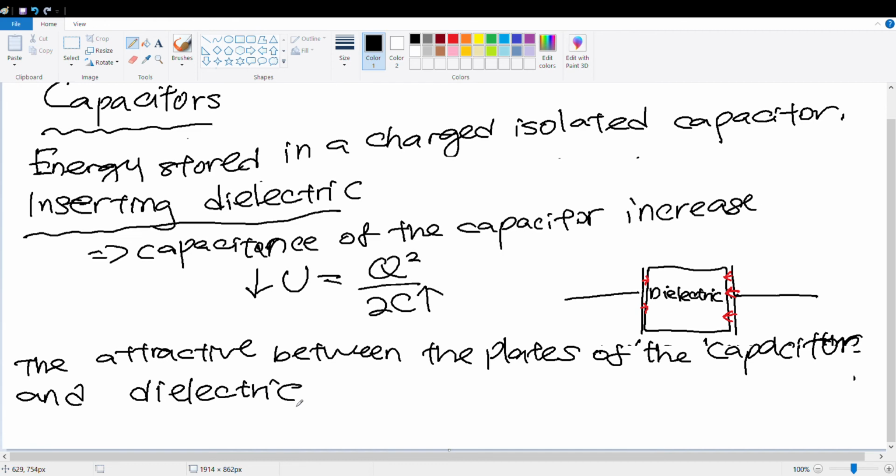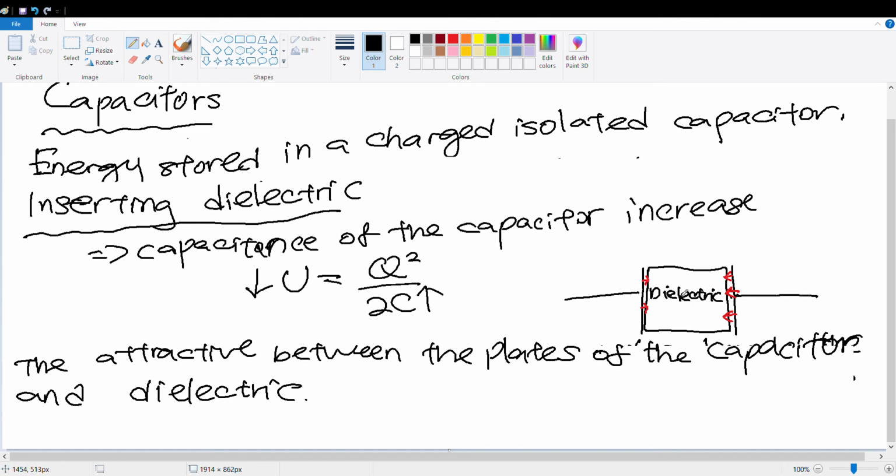As I said just now, the work is used by the capacitor to attract, or we can say pull, the dielectric, so that they are attracted. As long as the energy is used to attract the dielectric, which lies between the two plates.